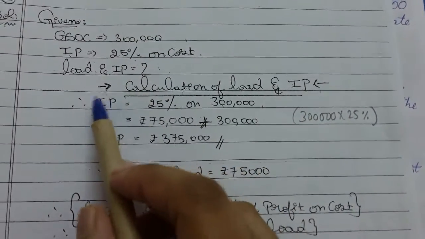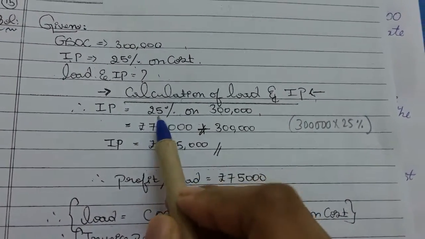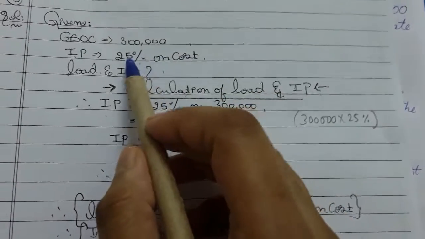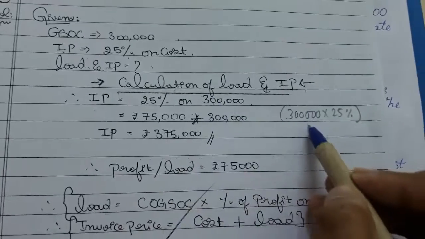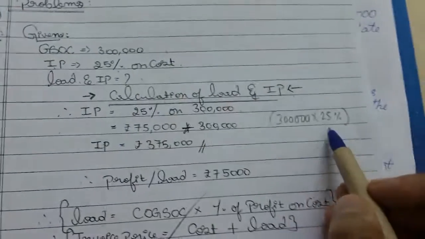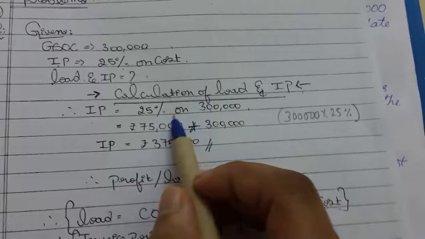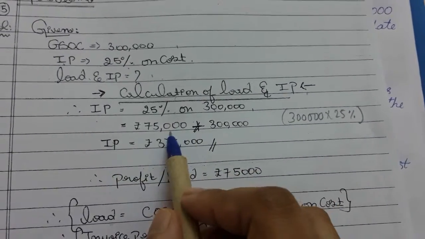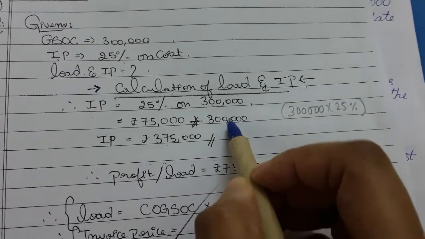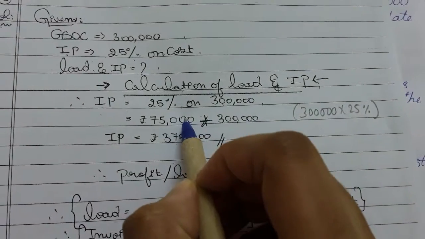So here, invoice price is 25% on cost. 25% on cost means 3 lakh into 25%, that will be 75,000, plus 3 lakh, that is 3,75,000. That is the invoice price. Cost is 3 lakh, profit is 75,000.